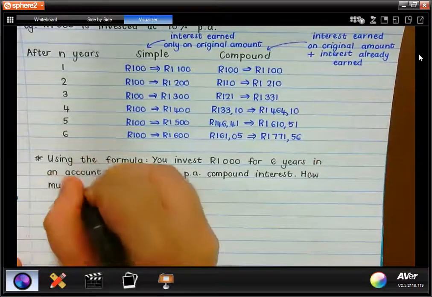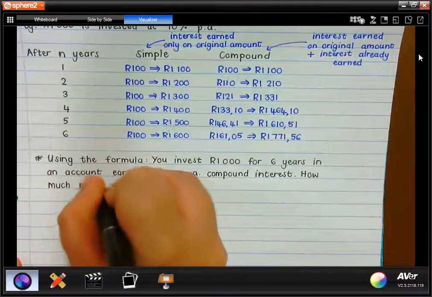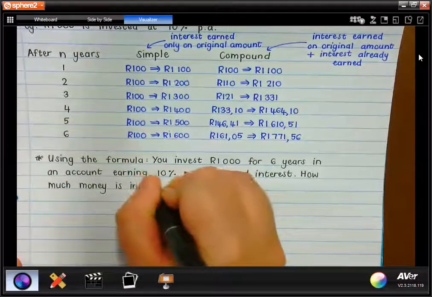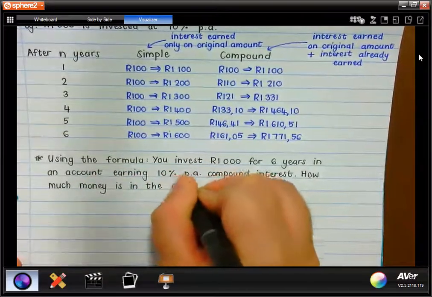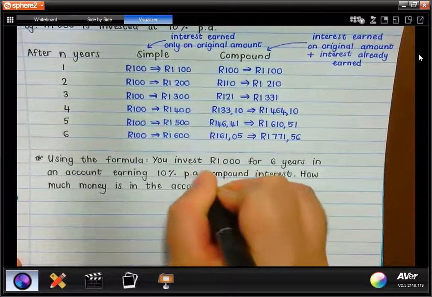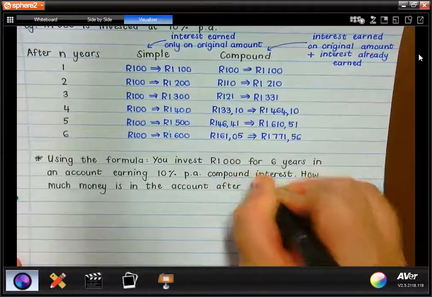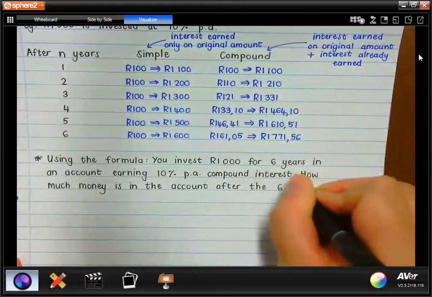How much money is in the account after the 6 years?